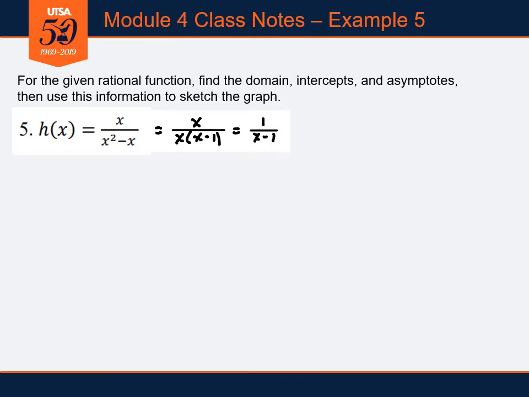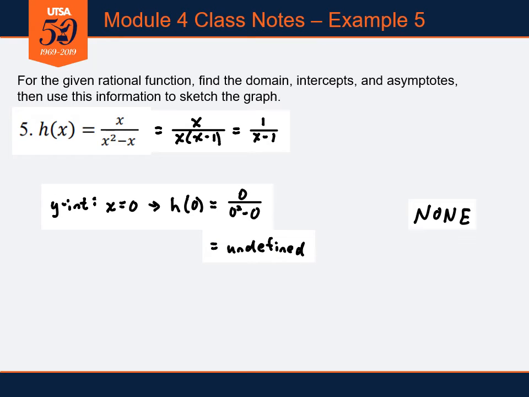So I can't have a y-intercept, because I find the y-intercept by plugging 0 in for x, but I can't. If I try to plug in 0 for x, I get a 0 in the denominator. That's undefined, no y-intercept, just like we saw in example 4.